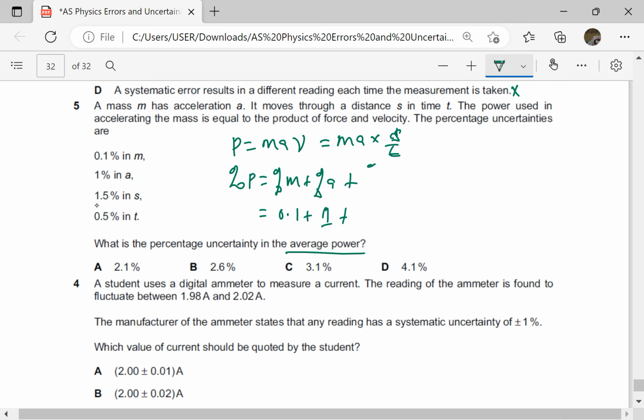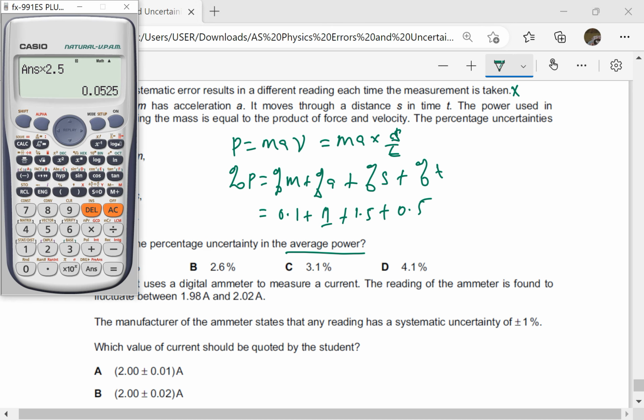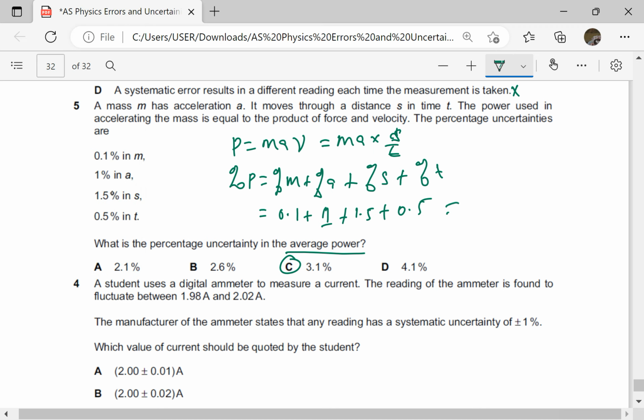So plus percentage in s plus percentage in t, which is 1.5, plus percentage in t, which is 0.5. So 0.1 plus 1 plus 1.5 plus 0.5, which gives us 3.1%.